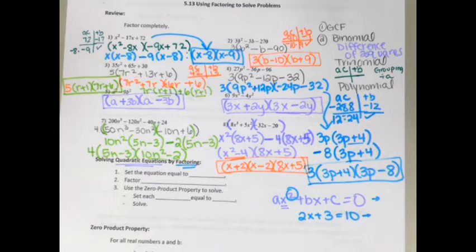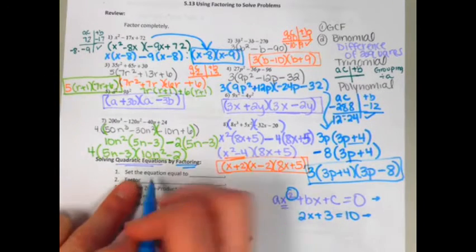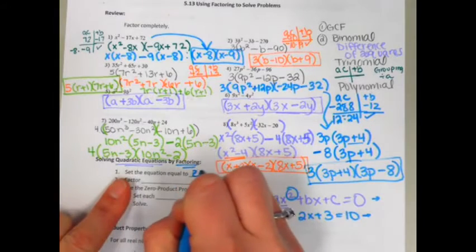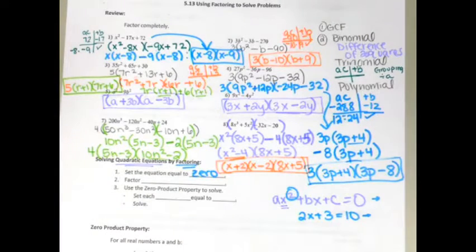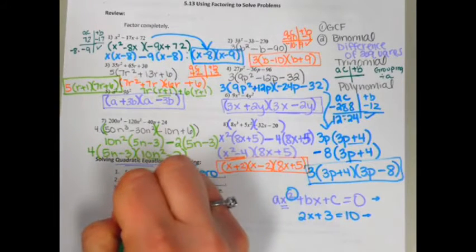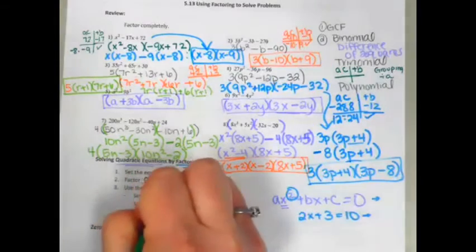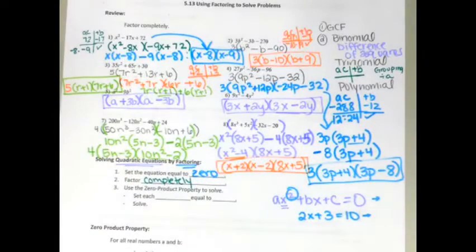Okay, so the first thing, when we have an x squared, I want you to set your equation equal to 0. Okay, every single time, set your equation equal to 0. Then, do we know how to factor a trinomial? Yeah, so we're going to factor completely.